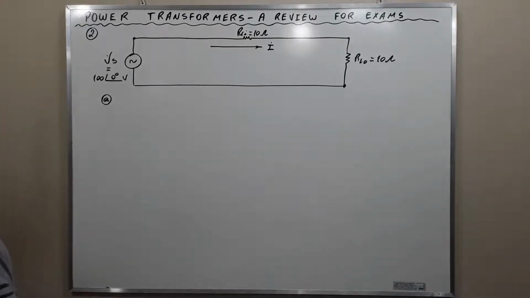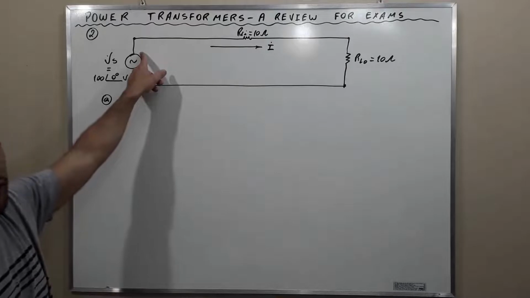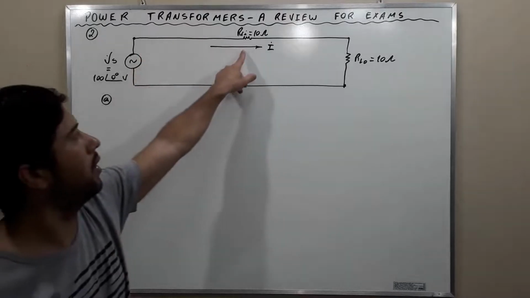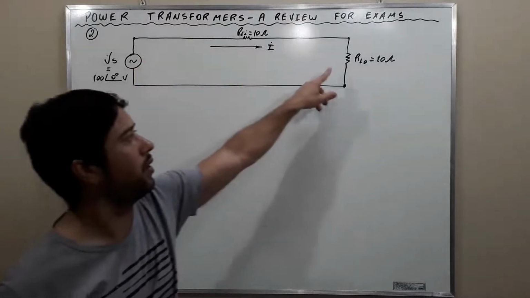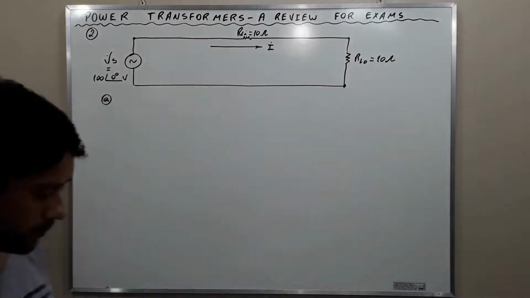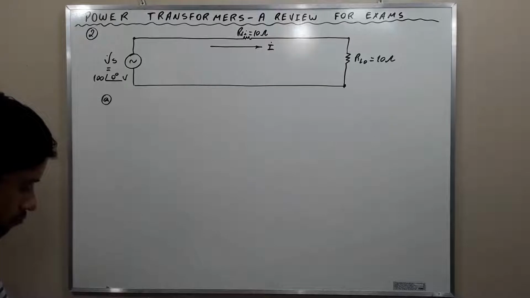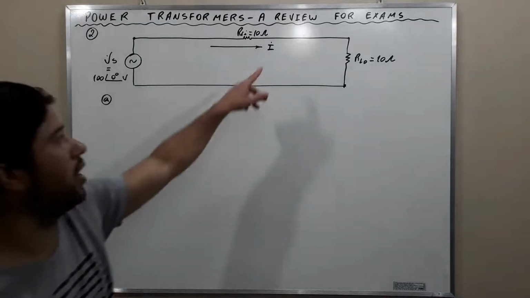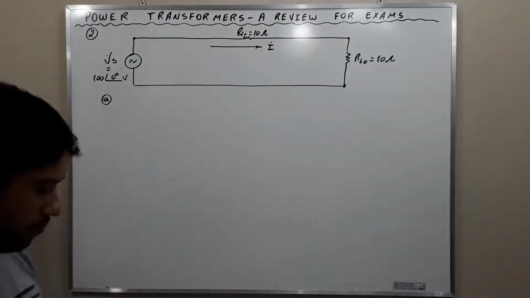When there are no transformers, the generated current, the line current, and the load current are the same. The current of the generator, the current along the line, and the current delivered to the load are the same. Okay? We're going to call this current I simply.